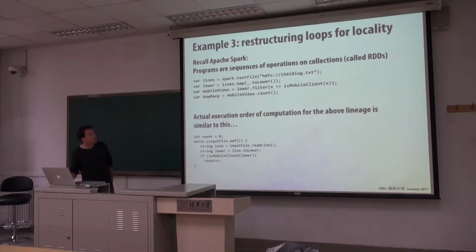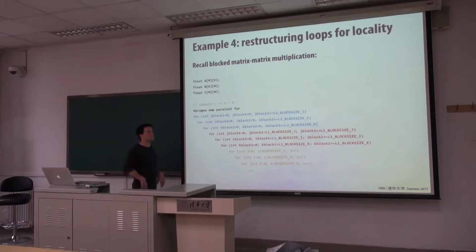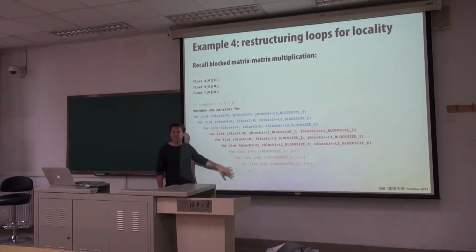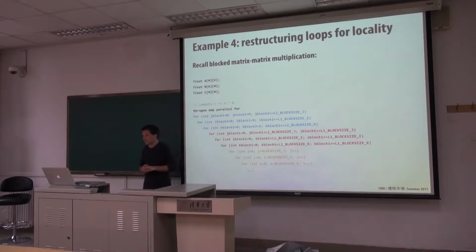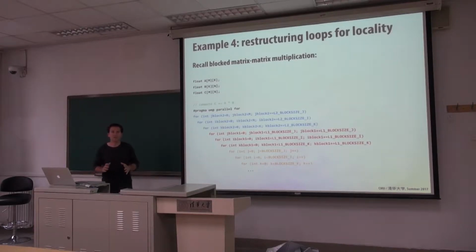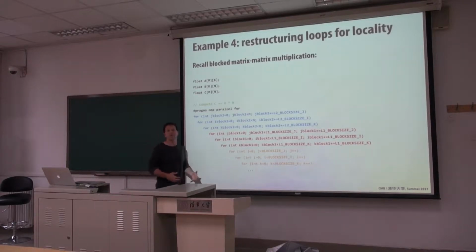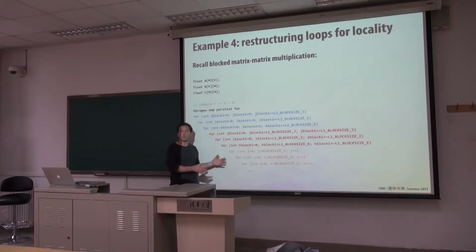And then on Monday, I talked probably for 10 minutes about how to order matrix multiplication and convolutions. None of these examples were about parallelism. They were all about reordering the computation to minimize the amount of data that I need.